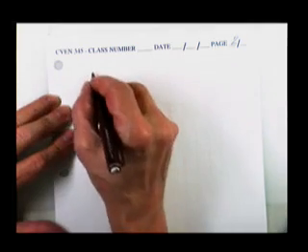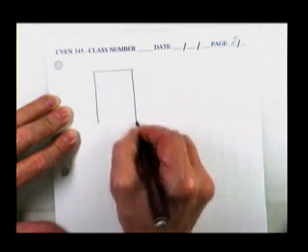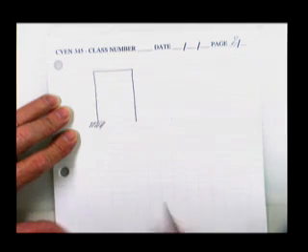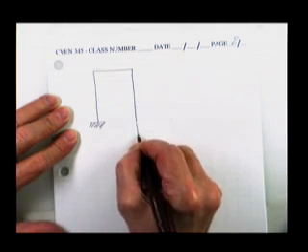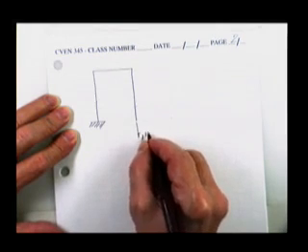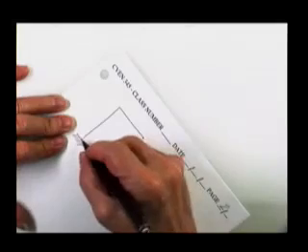Page 2. The next thing is our structure with an R1 on it. Here's what it does.